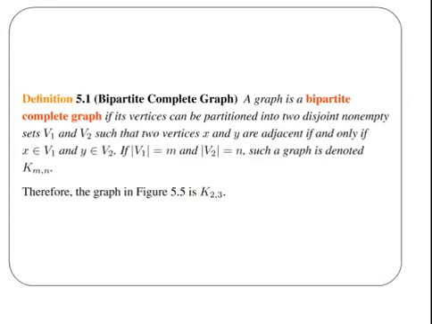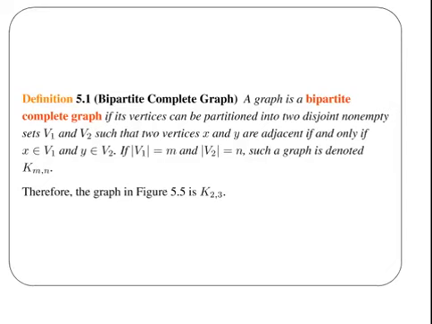So a formal definition: a graph is a bipartite complete graph if its vertices can be partitioned into two disjoint, non-empty sets, V1 and V2, or A and B as I had it earlier, such that two vertices x and y are adjacent if and only if x is an element of V1 and y is an element of V2.